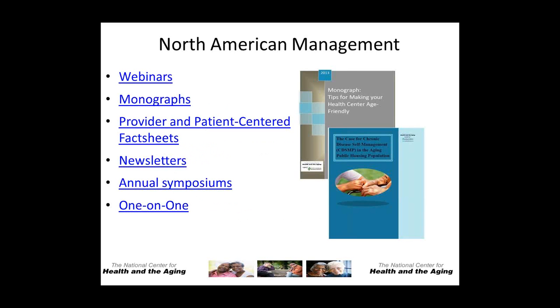We have several resources here at the National Center for Health and Aging that can help you, including this webinar. We also have a few monographs and fact sheets, which are tools based on data about particular health topics and issues that you might find useful.